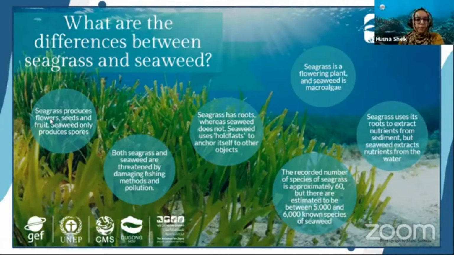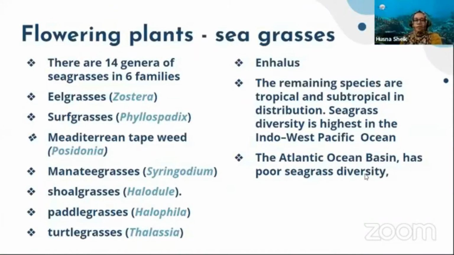Seagrass produce flowers, seaweed only produce spores, and both seagrass and seaweeds are threatened. Seagrass has a root, whereas seaweed does not. Seaweed only has the holdfast. Seagrass is a flowering plant, and seaweeds are macroalgae. So these are some facts about seagrass and seaweed.